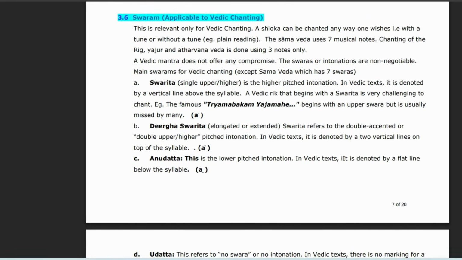So we will do it later. But for Durga Saptashati, it doesn't have any Swaras in the text, so we don't want to look at this now, but later when we are doing suktams, because this one is going to take much longer to understand and to chant this way. Okay, so I'm going to skip 3.6.